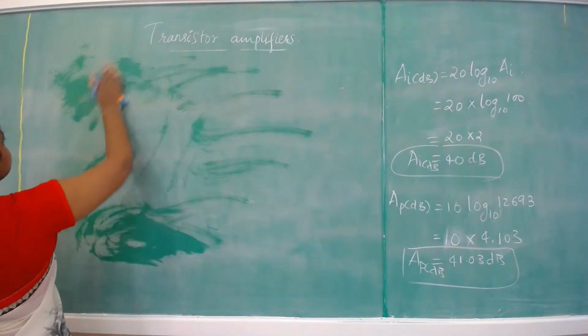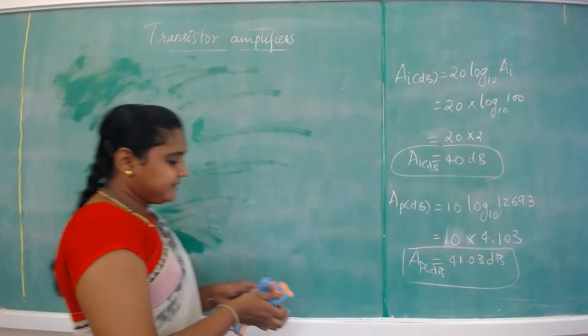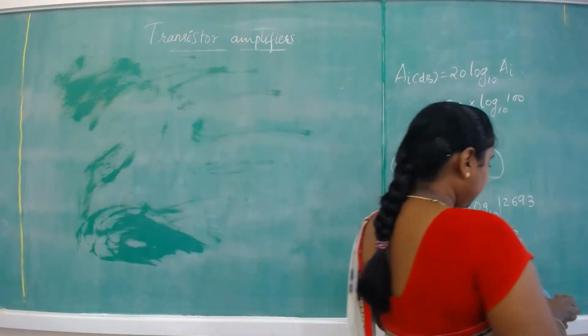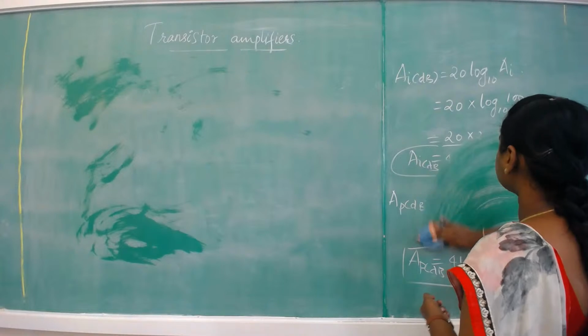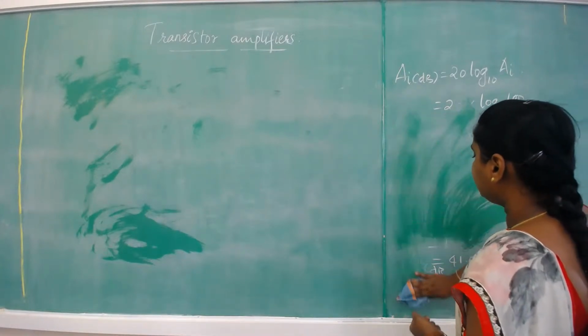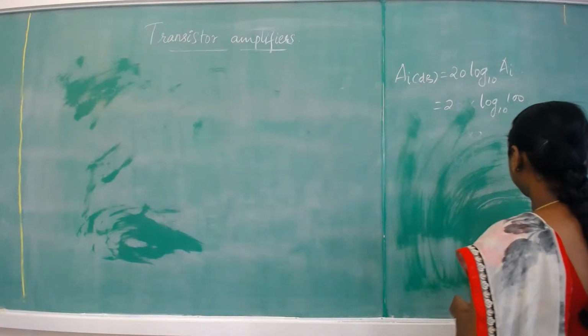Now we'll discuss why to represent the gain in terms of dB. Otherwise, how is it beneficial for us, how is it advantageous to represent the gain in terms of dB.